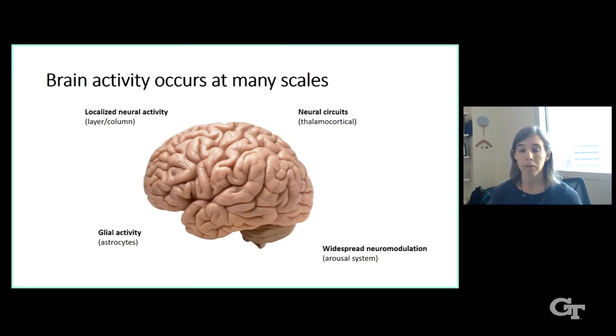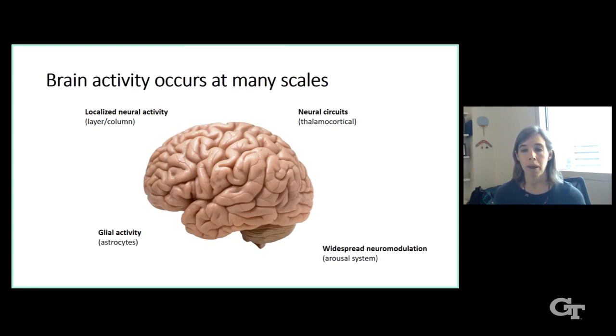On top of this, you've got these widespread inputs from neuromodulatory systems that deal with things like arousal and attention. And so all of this is working together. And it ranges from spatial scales at a few microns all the way up to centimeters, and at temporal scales from milliseconds for action potentials to changes that occur over hours or days or even over a lifetime.